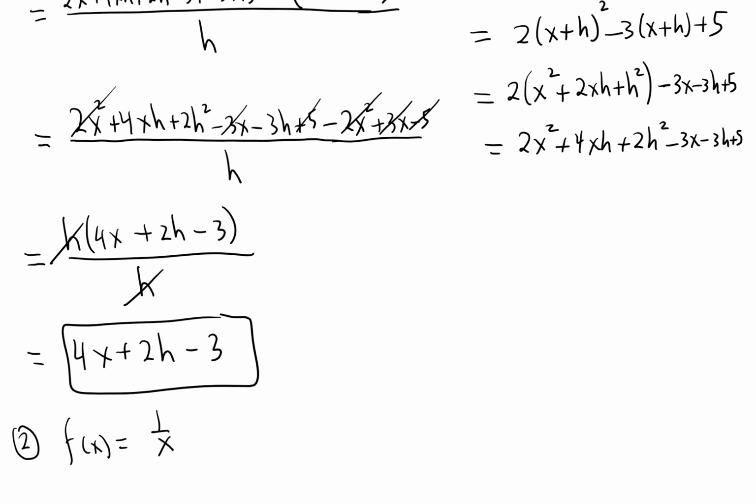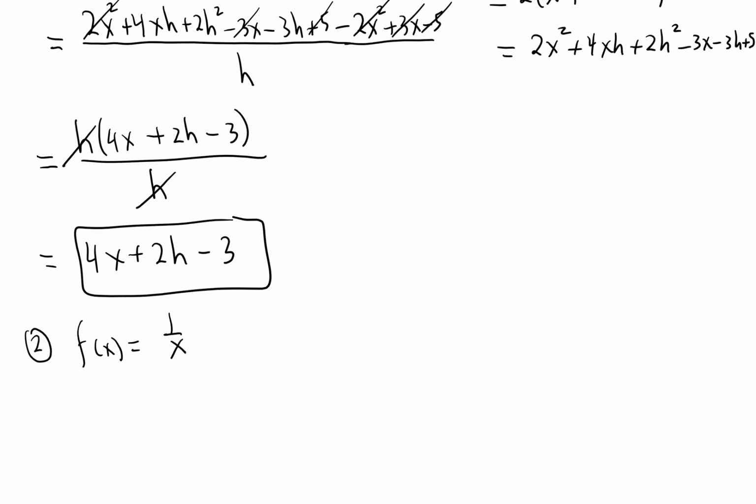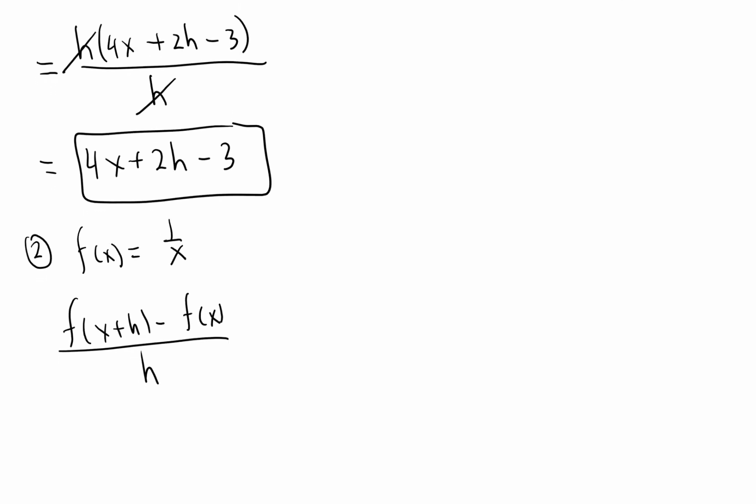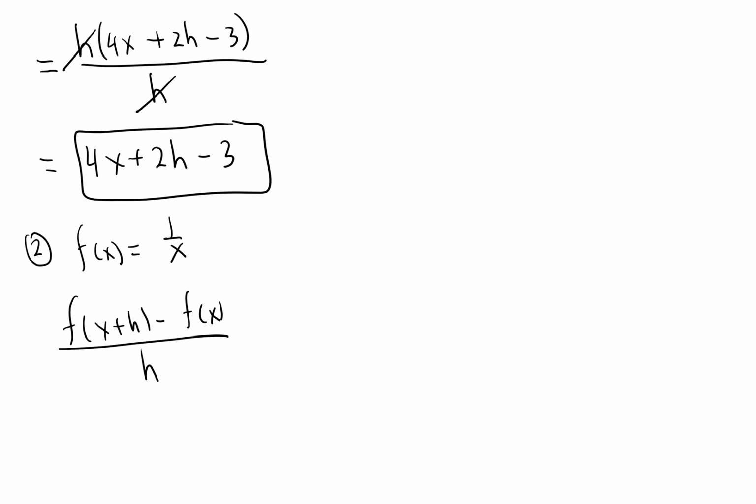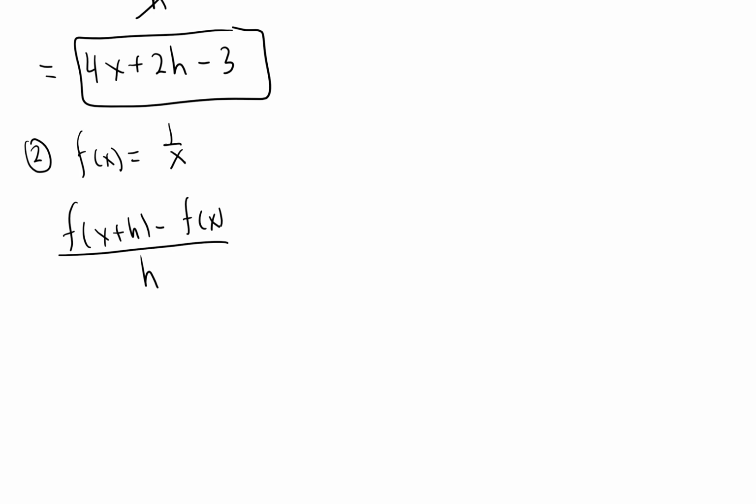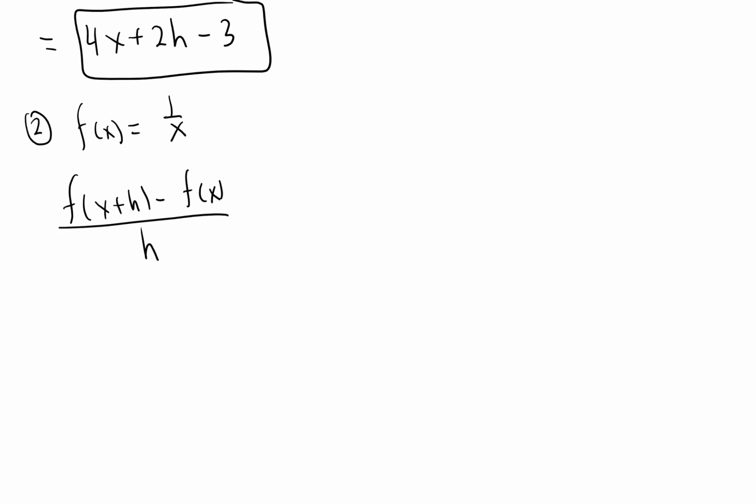For the second one, f of x plus h minus f of x all over h. f of x plus h, I replace x with x plus h, minus the function itself over h.